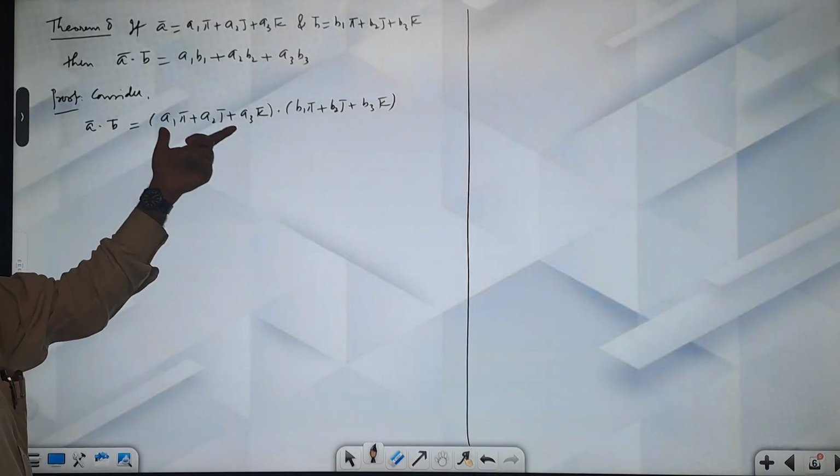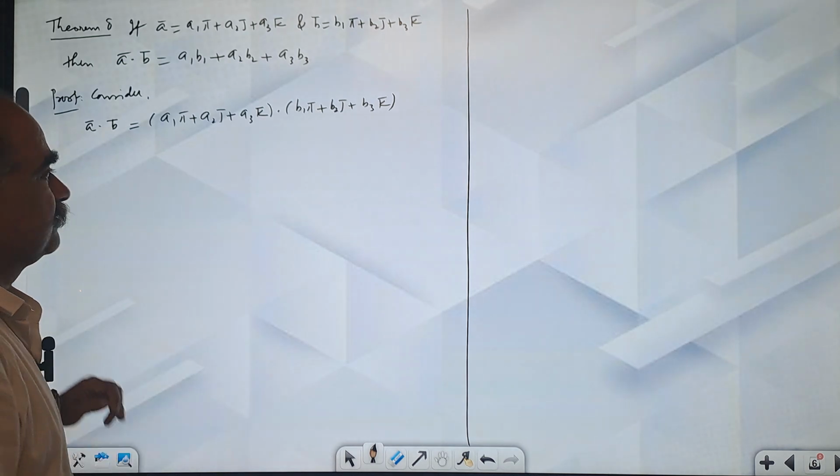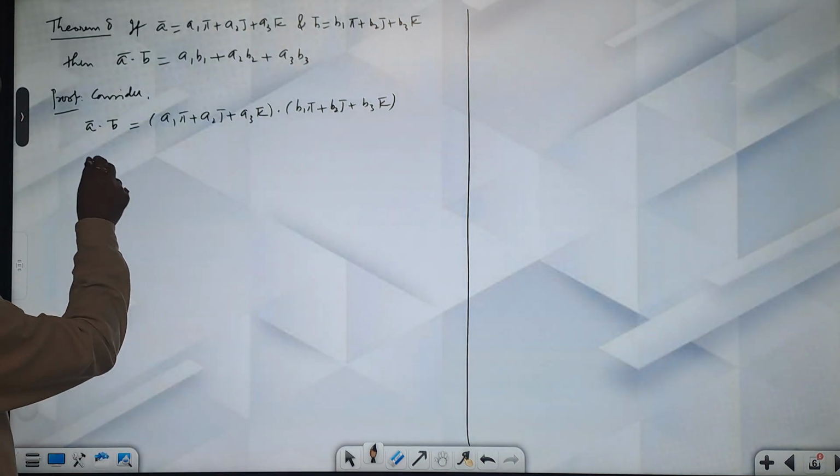Now we'll take this as what? One single vector taken dot product is what? Sum of three vectors by distributive property.